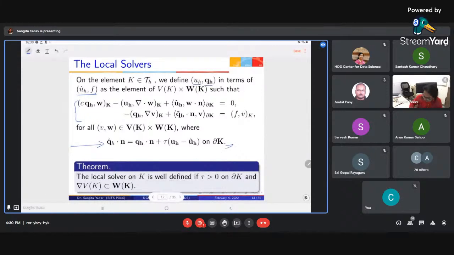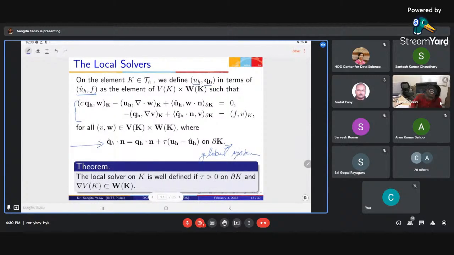This will give you a global system of equations if you do it for all. And then we will solve this system of equations only for uh hat, not for all the variables u and q. So what is happening here actually, if we solve globally this system of equations, the size of this system is going to be much smaller compared to the standard DG method.